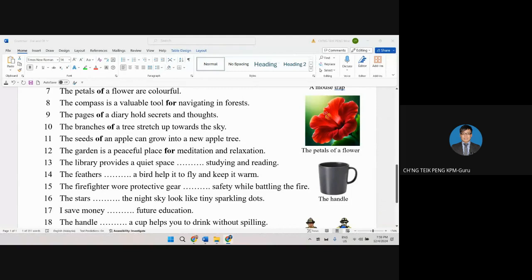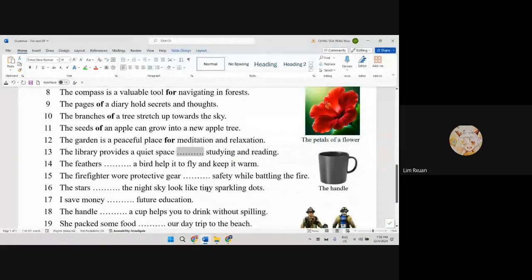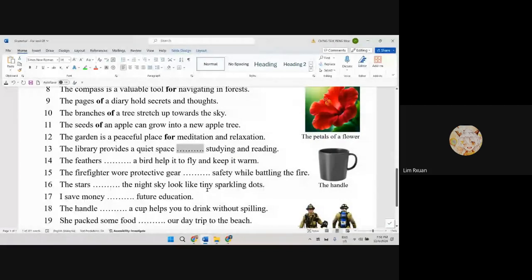Okay, so 13, Ruixuan. The library provides a quiet space for studying and reading.